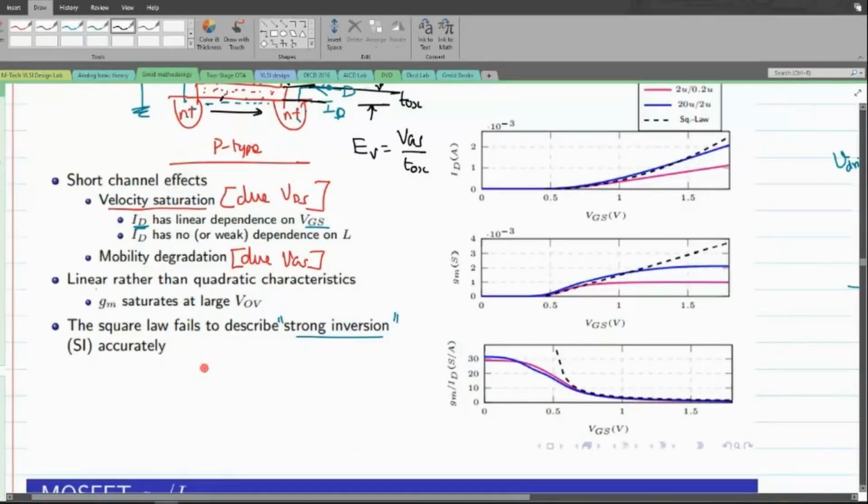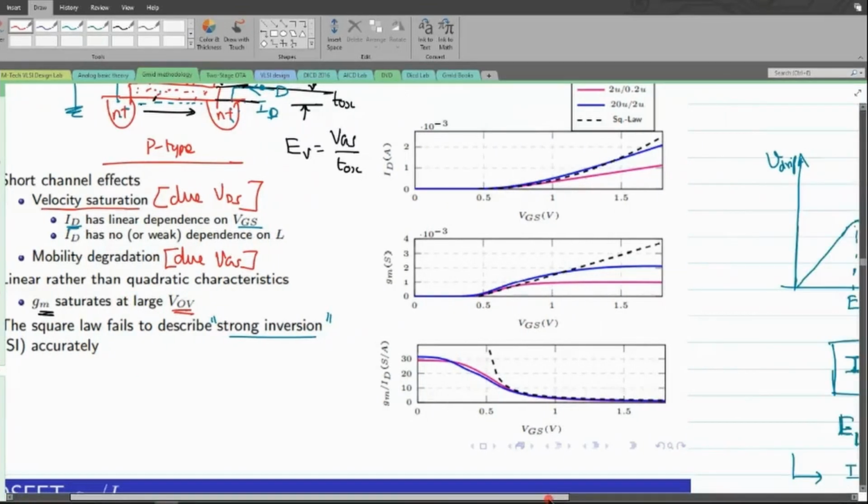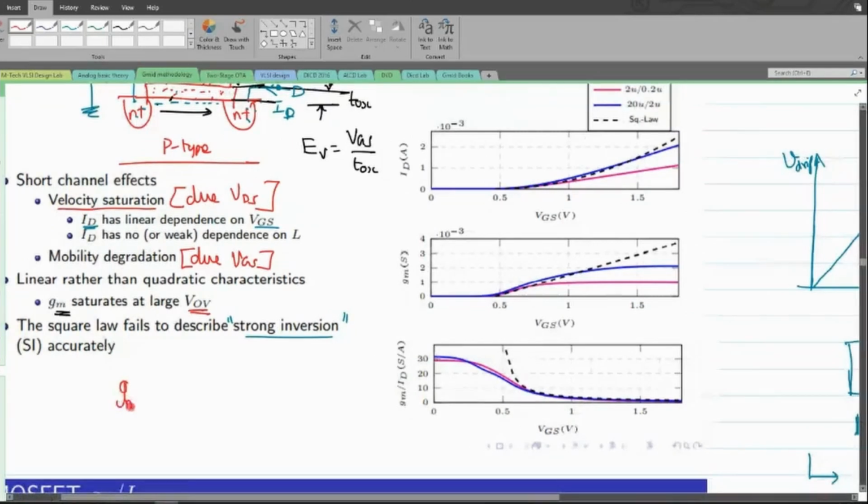The next important thing is that the gm actually gets saturated for higher values of VOV. This is something we normally never expected, because whenever we wrote gm based on the square law, gm is proportional to VOV. So as I raise the value of VGS beyond VT, I should have a gm that keeps increasing as I move along the x-axis.